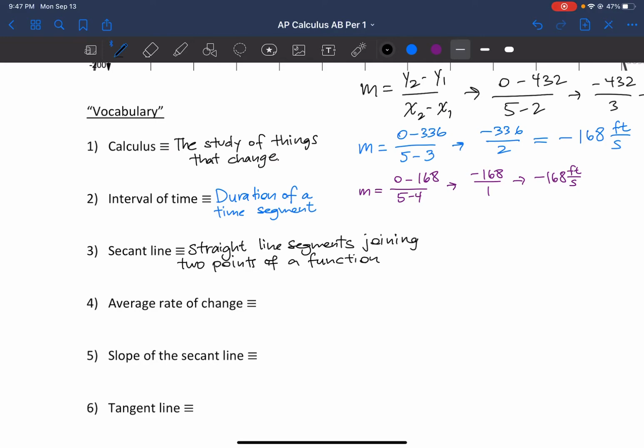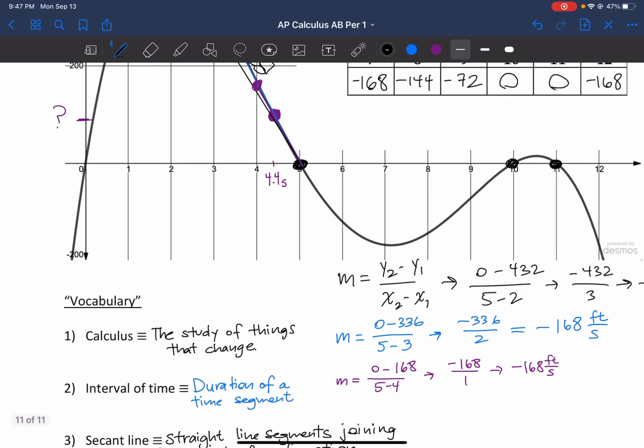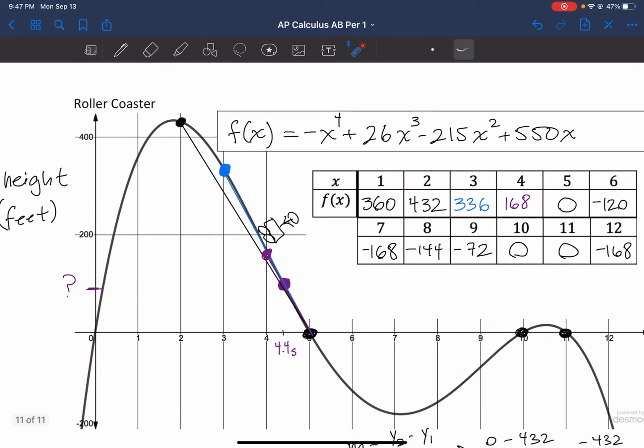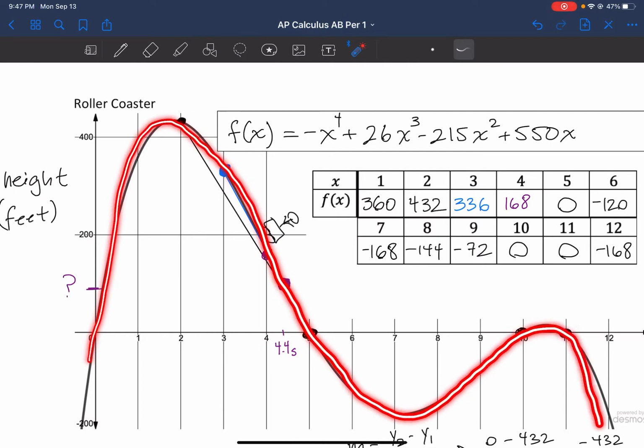So if we look at those blue, black, and purple line segments, here's the black, here's the blue, and this is the purple one I'm referring to. Those are secant lines because they connect these 2 points, these 2 for blue, and these 2 for purple of this function right here.